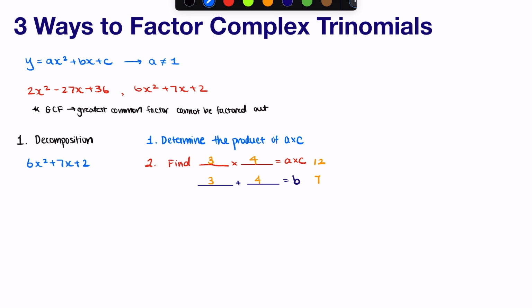Then the next step in decomposition is to split up the middle term of 7x into 3x and 4x. Here we would have 6x squared, and you want to see which one would be easily factorable. We could put the 4x there, but 6 and 3 have a common factor of 3, which would easily help factor that out. So you put 6x squared plus 3x plus 4x plus 2.